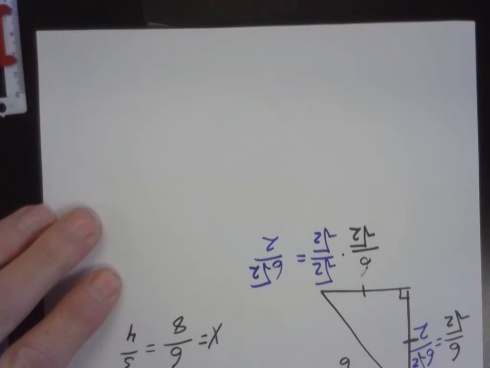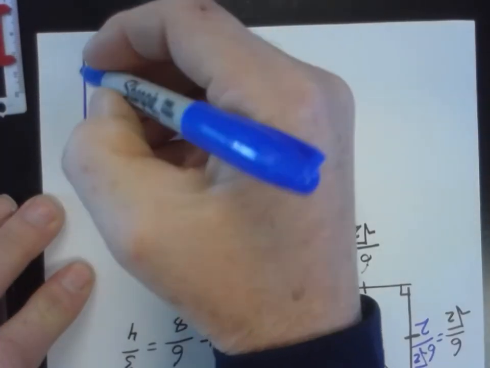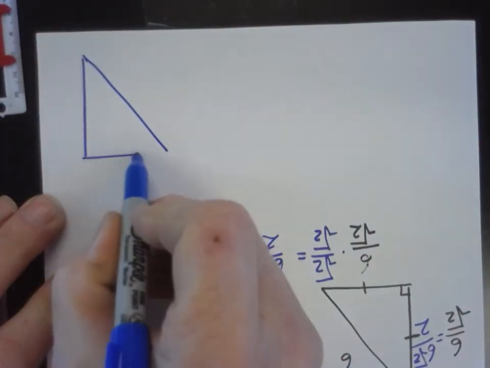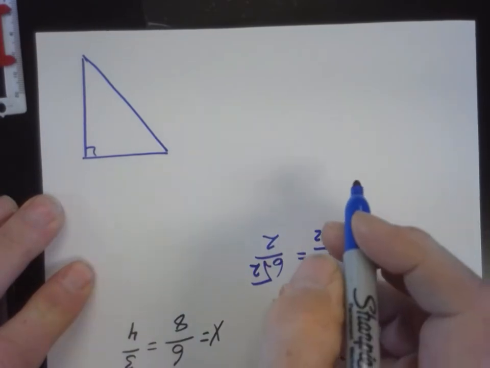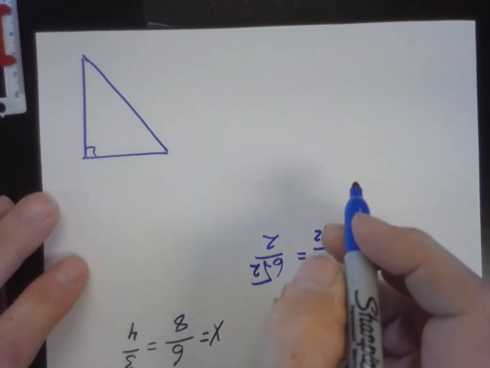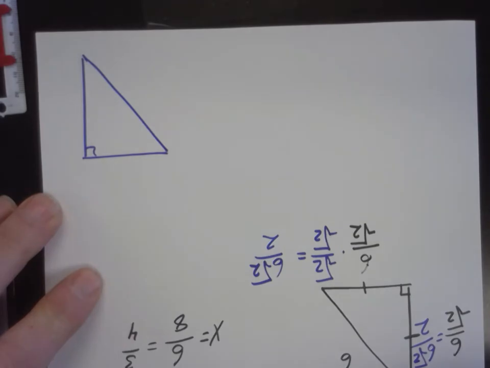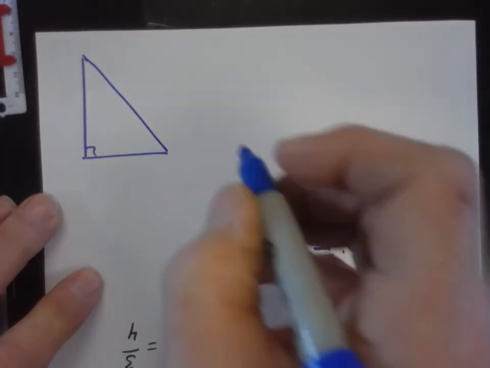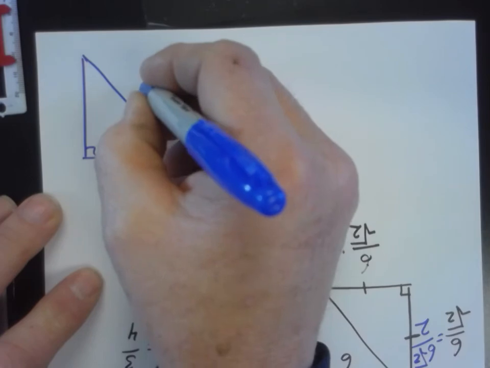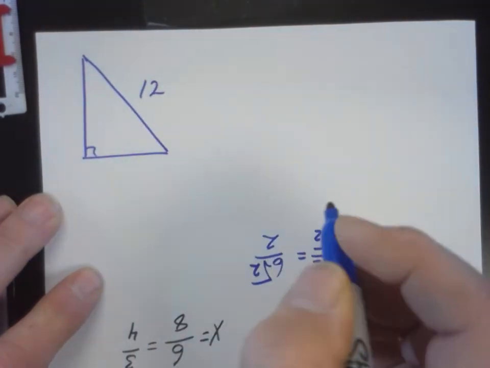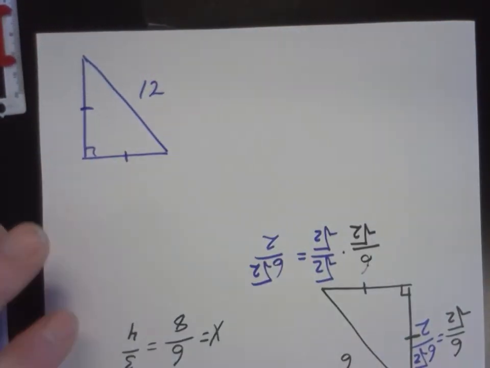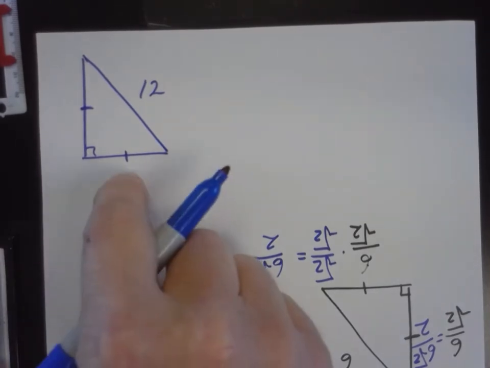let's say we have this. You don't need to draw the triangle or anything. Let's just say I have this triangle, and well, let's just make this simple. This is 12. Can you guys tell me about the length of the leg?